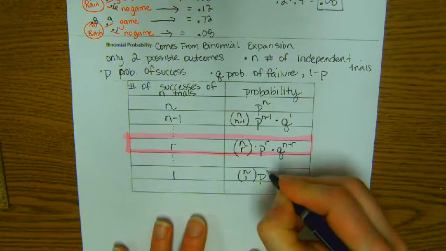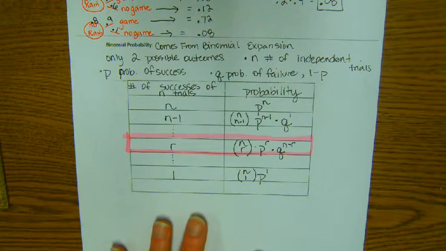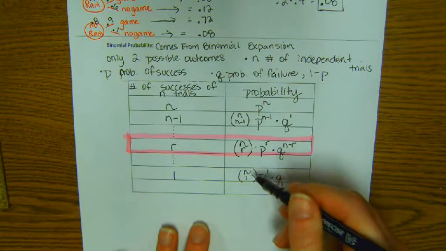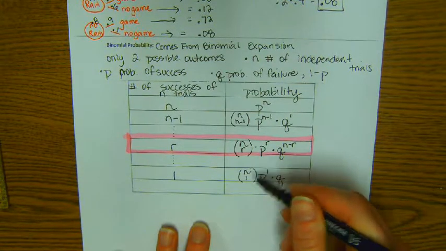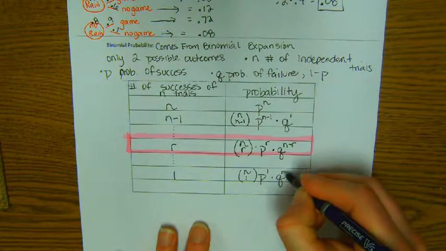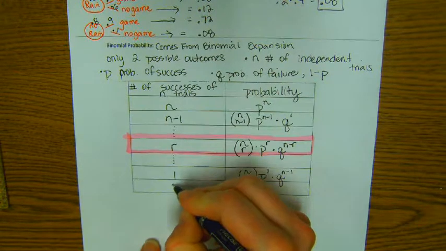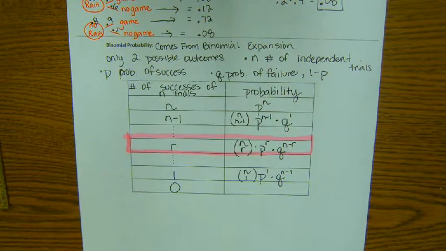P. So I only raise P to the first power because there's only one success. And that means I would have n minus 1 failures. And then finally, it is possible to have no successes.